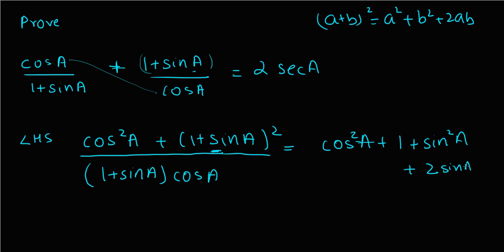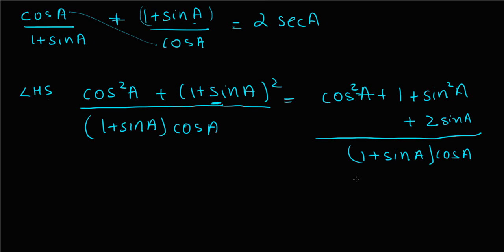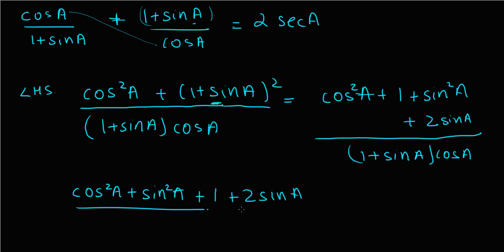So sine A into 1, so that would be just 2 sine A. Whole thing by (1 plus sine A) into cos A. As far as possible, I avoid opening anything in the denominator. So I have cos square A plus sine square A, rewriting it, plus 1 plus 2 sine A, whole thing by (1 plus sine A) into cos A.